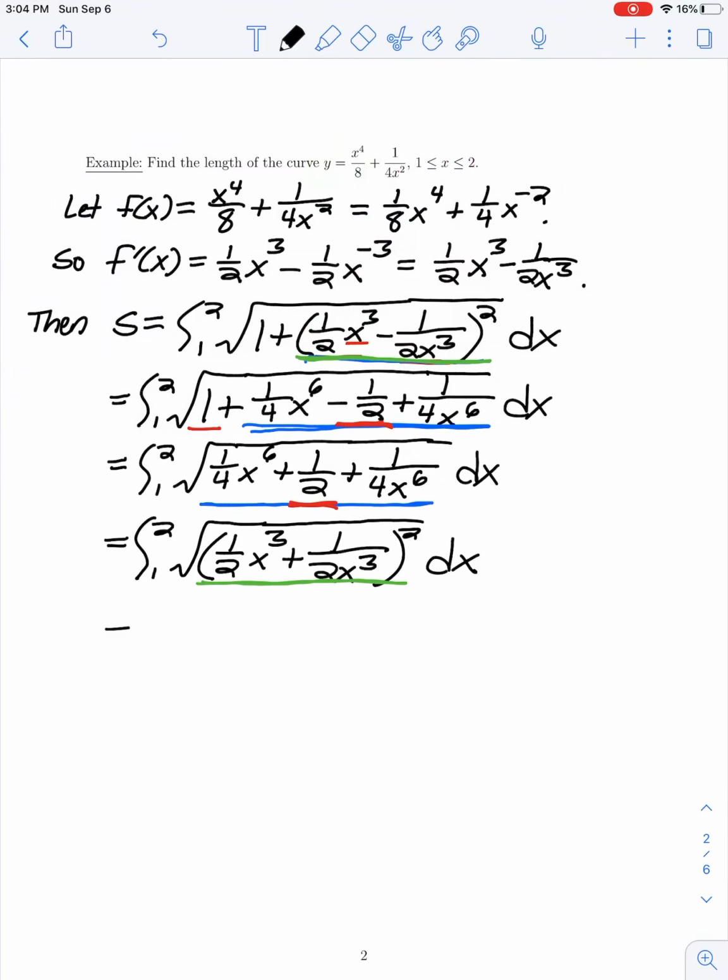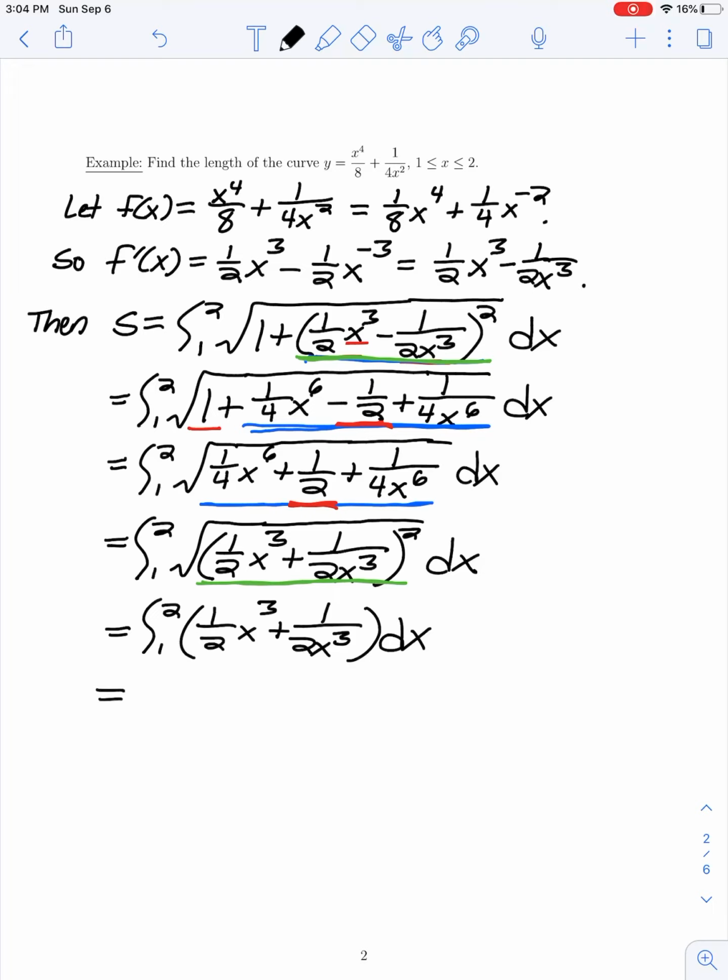So this allows me to then simplify as the integral from 1 to 2, and the square root of this quantity squared leaves me with 1/2 x cubed plus 1 over 2 times x cubed dx.